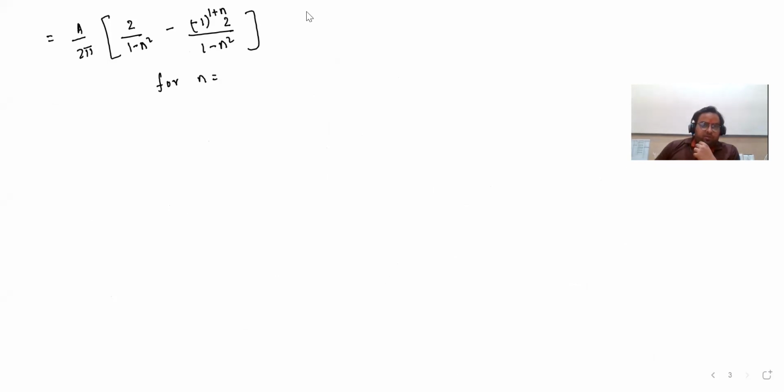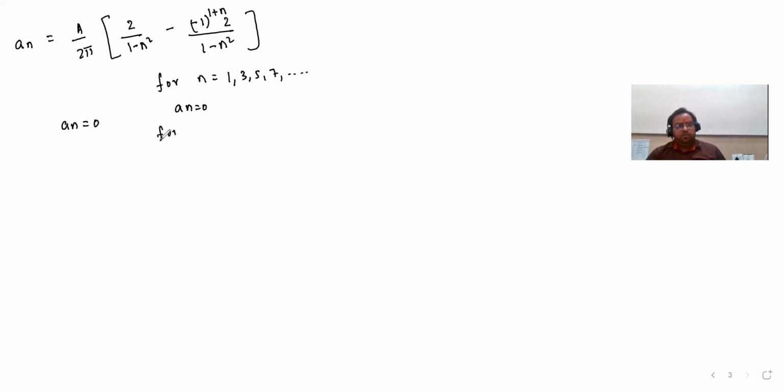Okay, so now when we have n equal to 1, 3, 5, 7, and so on, for these values, we can see that the coefficient will be equal to 0.